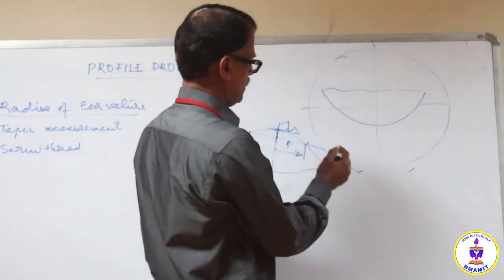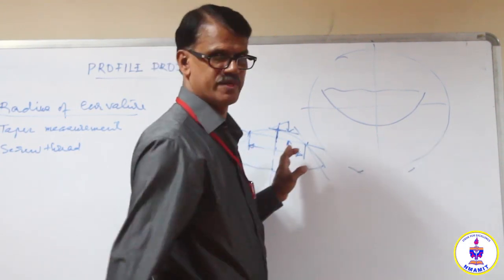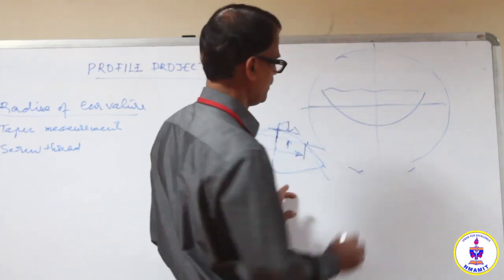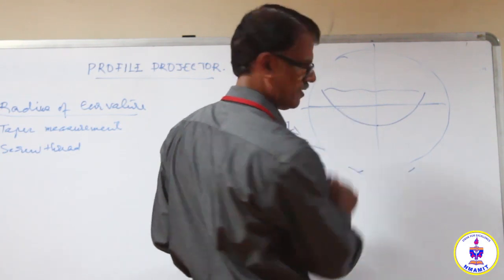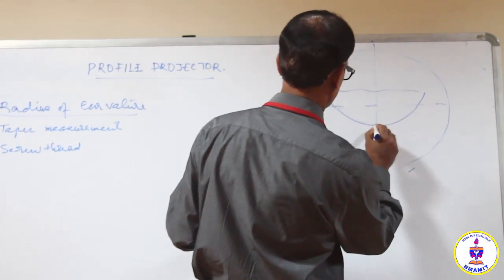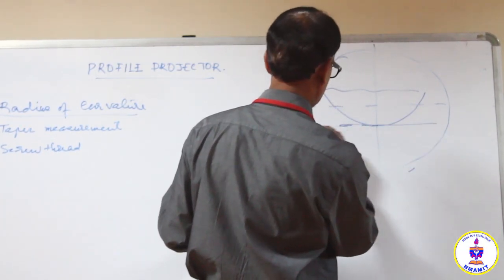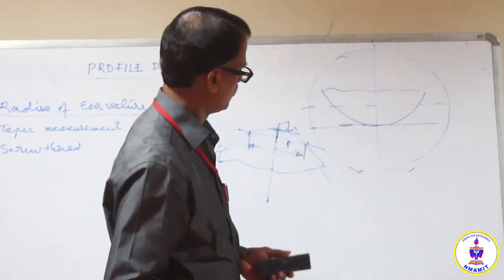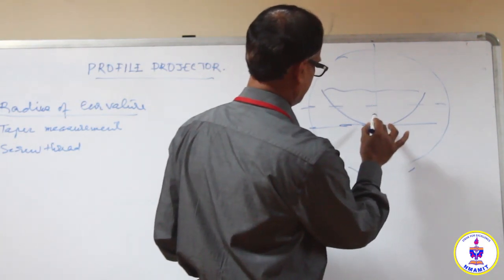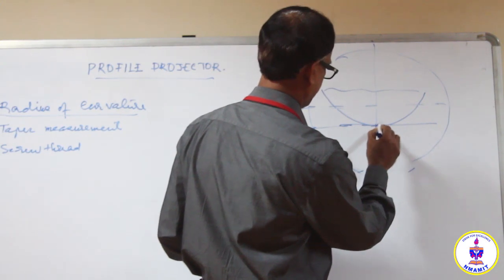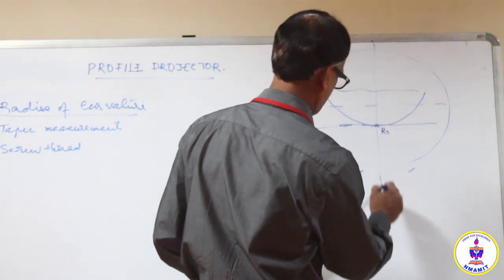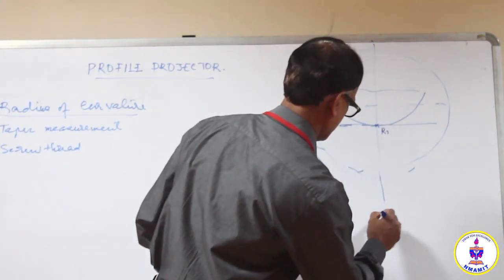While measuring radius of curvature, the specimen must be kept on the table in such a way that the horizontal cross line is tangential to the projected shadow of the specimen here, so that a reading can be taken here, say R1. That means the first reading on the micrometer here.